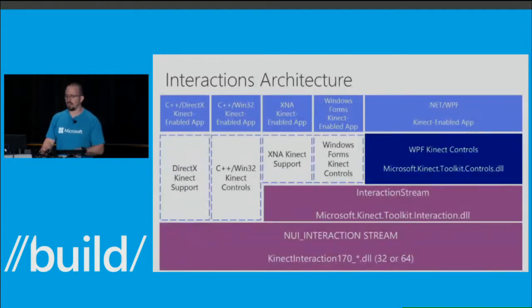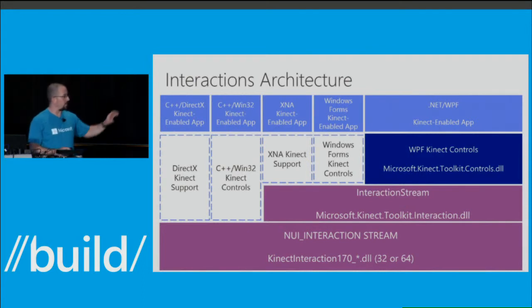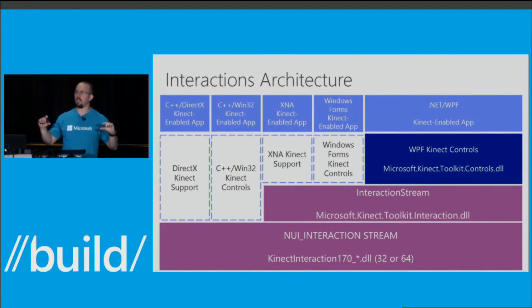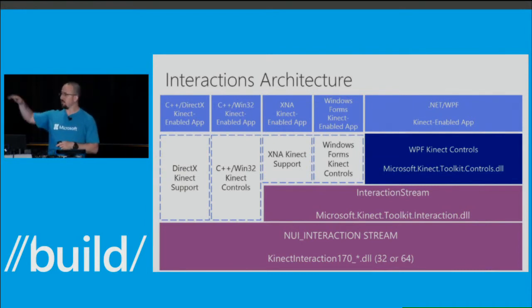So here's the architecture diagram that I was just talking to on the last slide. The dark blue box and the two purple boxes are what we built and shipped in 1.7. So again, you can use that native COM layer if you wanted to build something in C++. The dotted boxes indicate work that you have to do. Those would be an adapter that you or somebody else would have to write.